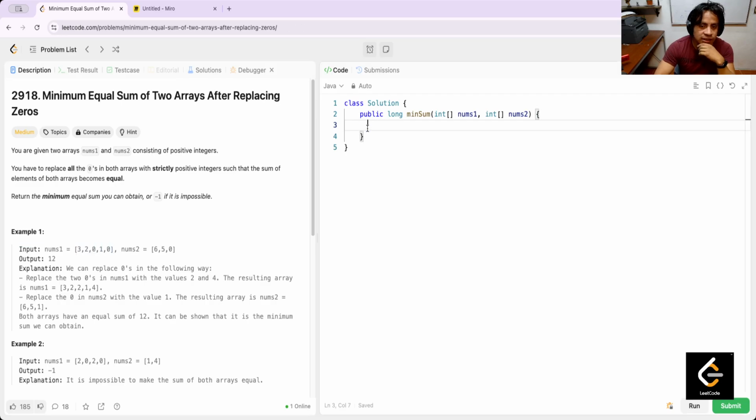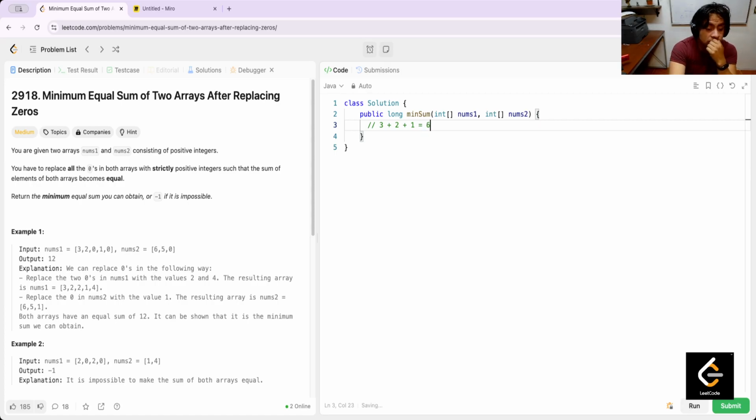In this case is 3 plus 2 plus 1, it's equal to 6.